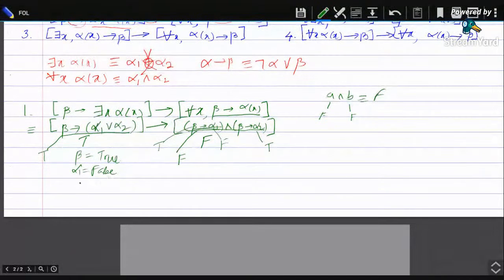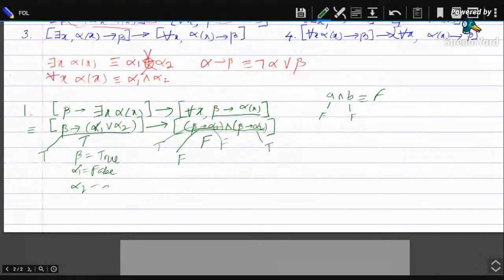Alpha 1, alpha 2 can be anything, it doesn't matter, because if the left hand side is true, this whole expression is going to be true. We want this left hand side to be true, so we have done it by just making beta equal to true.